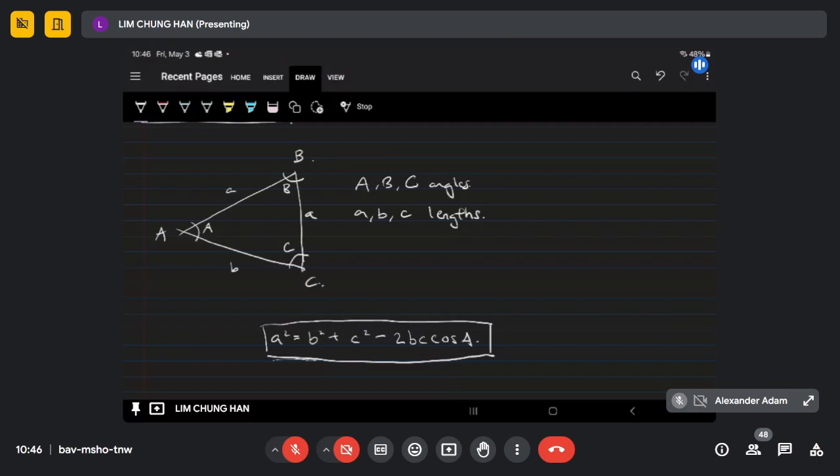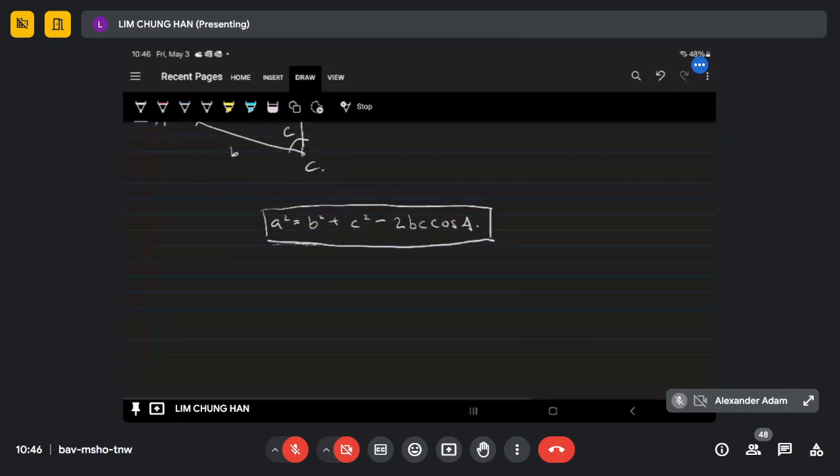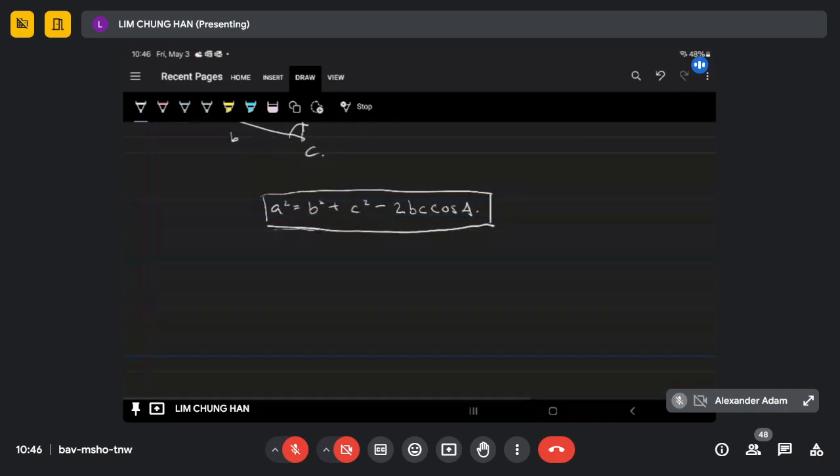The way we're going to do this is we are going to draw the same triangle, but replace the sides with vectors.